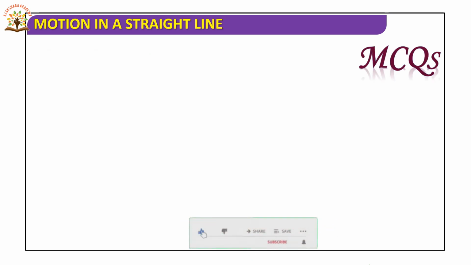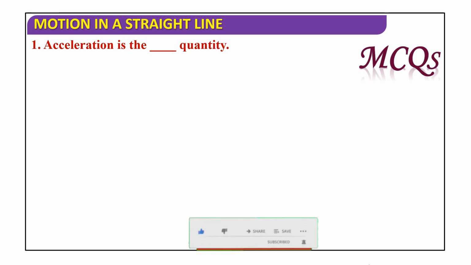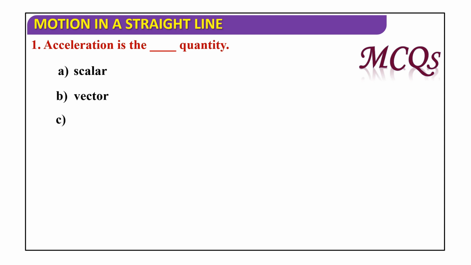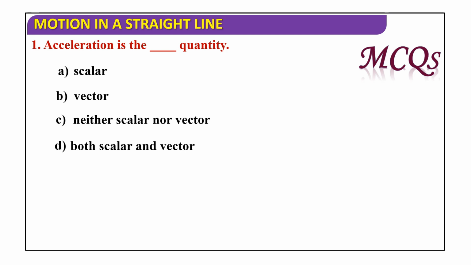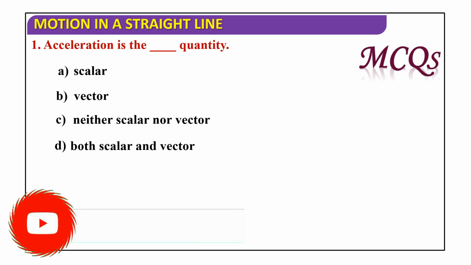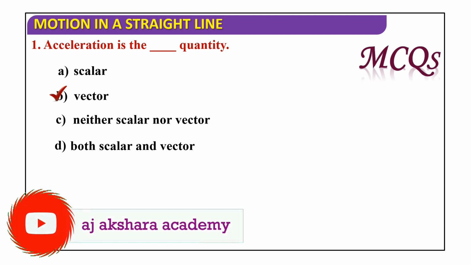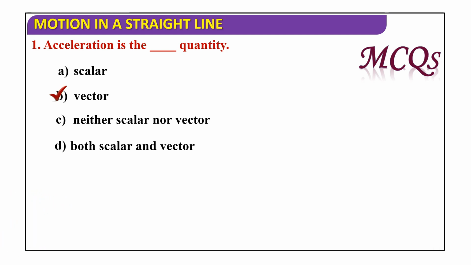Okay. Next, now let us discuss MCQs. First one: acceleration is a dash quantity. Is acceleration a scalar or a vector quantity? The first option is scalar, the second option is vector, the third option is neither scalar nor vector, and the fourth option is both scalar and vector. Acceleration is a vector quantity, so vector is the correct answer.